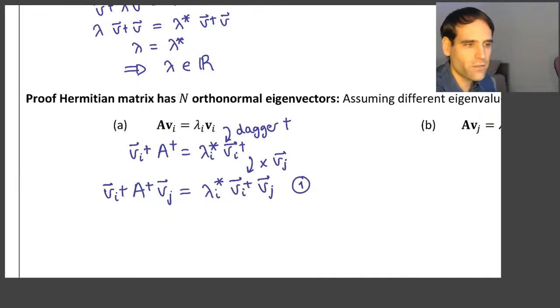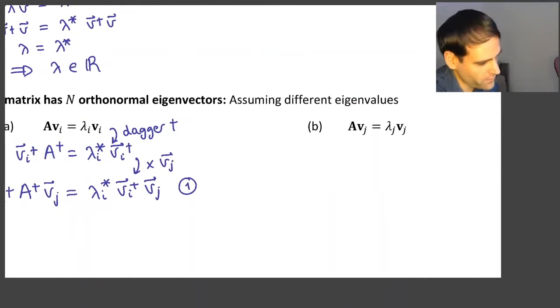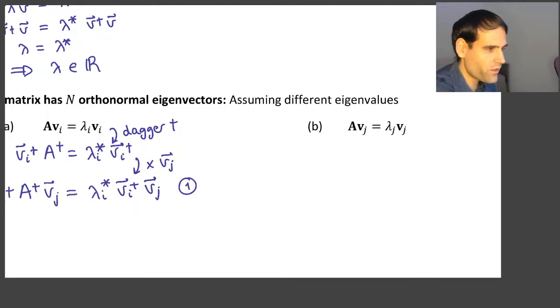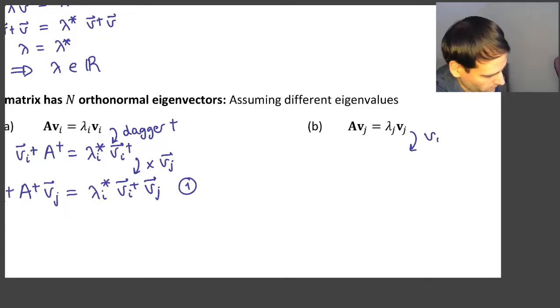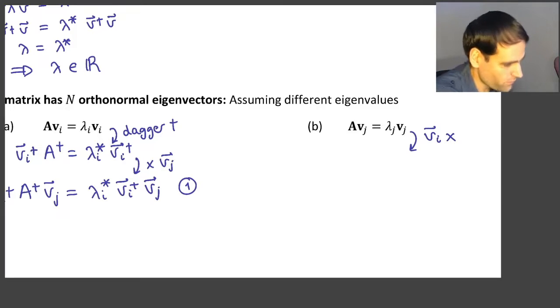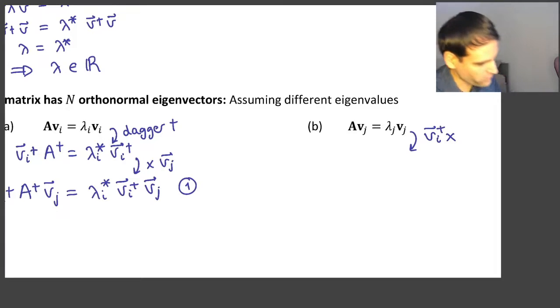Now next, let's go here on the right to the definition of eigenvector for a vector Vj. And we are going to simply multiply by Vi, but on the left. By Vi dagger, sorry, because A times Vj is a column vector, so we can only multiply it by a row vector.